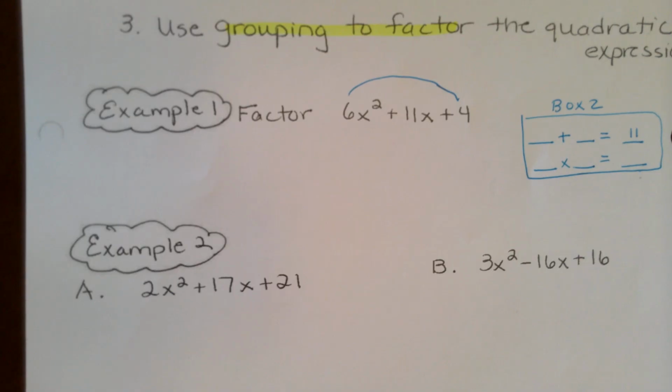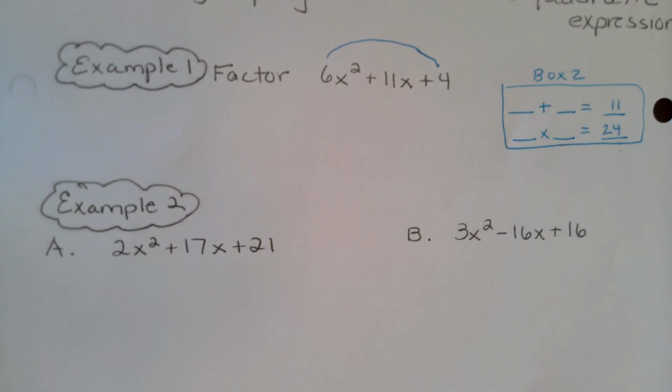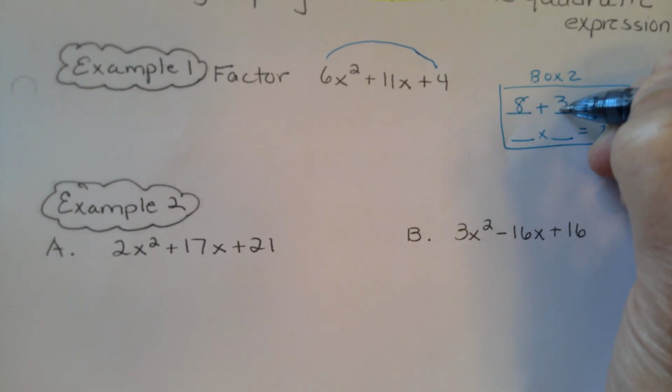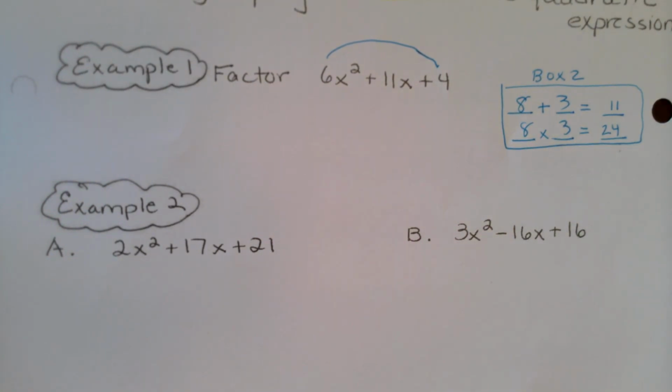So you got to multiply those two. We get 24. So I'll let you think about that. What is that going to be? I'm hoping you see it. Yes, it's 8 and 3. Very good. So 8 plus 3 is 11, and 8 times 3 is 24.